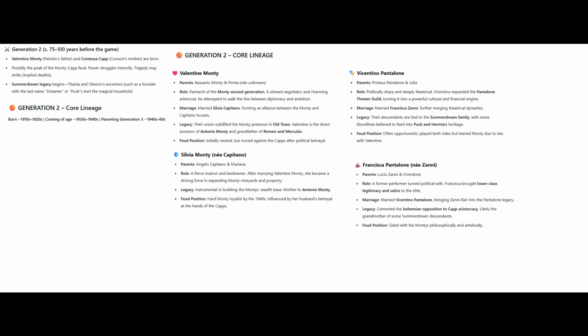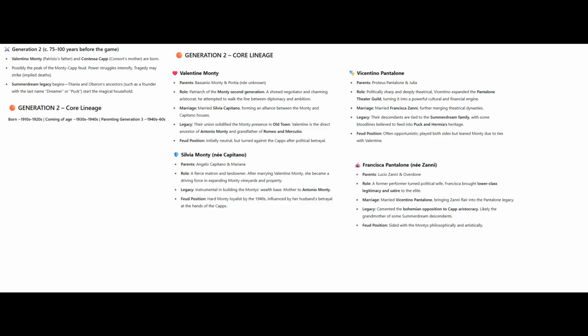This is also the generation where the Summer Dream legacy begins, and they start the magical household. So they are, give or take, born between the 1910s to 1920s. They come of age in the 1930s to 1940s, and they are parenting Generation 3 from the 1940s to the 1960s.